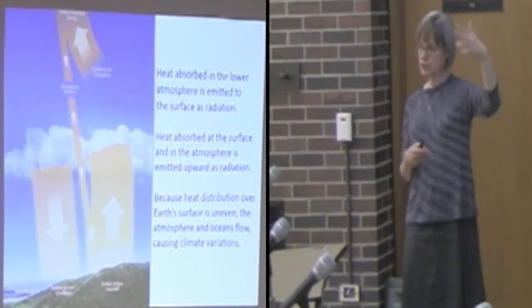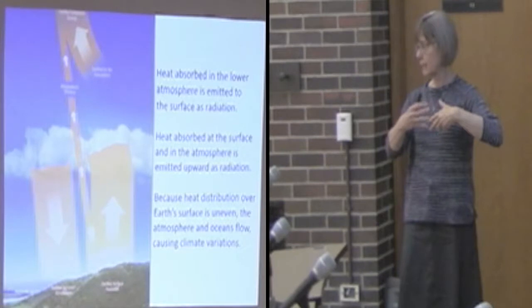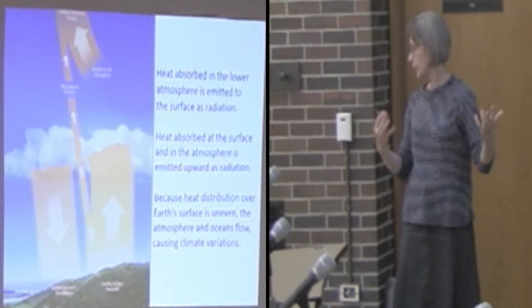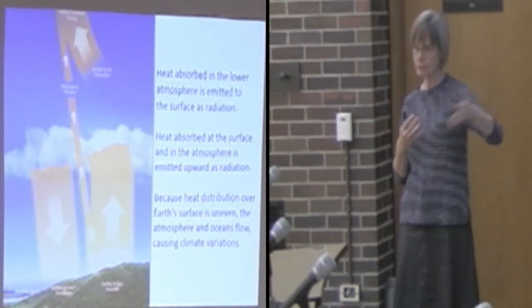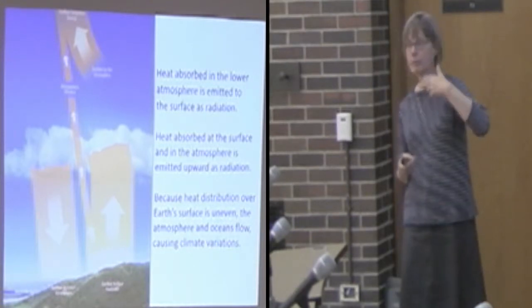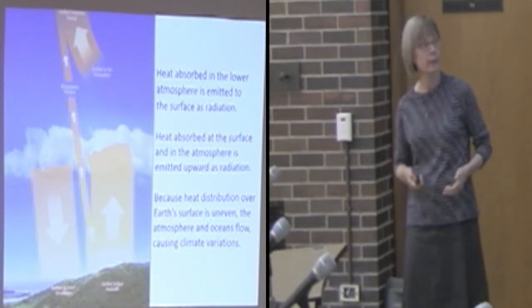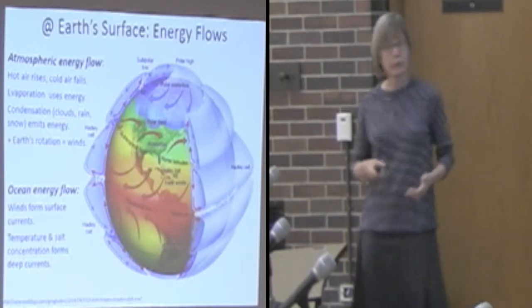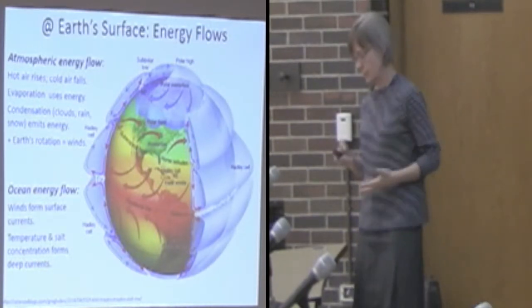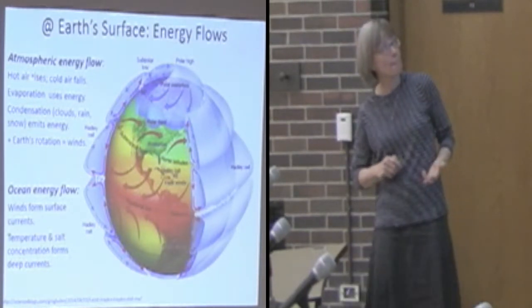And if the atmosphere and the oceans are circulating together, they are causing our climate. That's why we have climate, because air is moving around in different patterns and the ocean is moving in different patterns. So here's a picture of the way the atmosphere moves and why it moves.